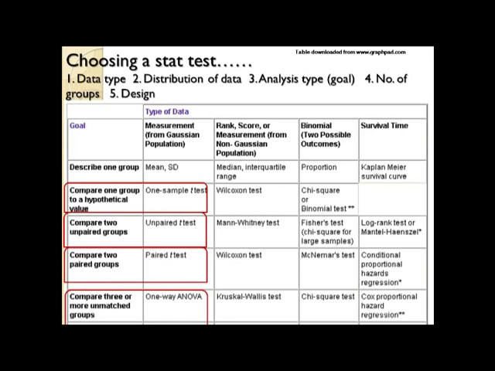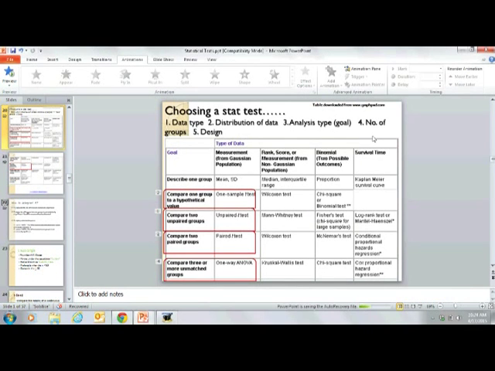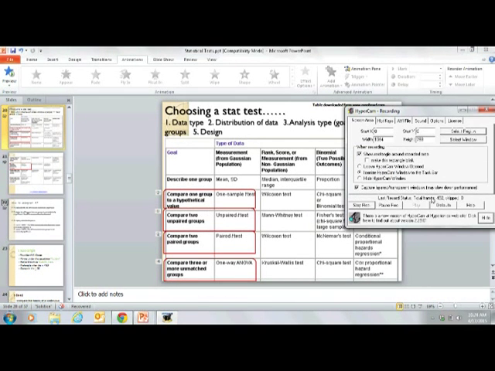Now, when you see this particular column, if you have a non-Gaussian population or a variable which doesn't have a normal distribution, then you apply a non-parametric test. What this table shows is that the counterpart of the one-sample t-test in a non-parametric test is the Wilcoxon test. For the unpaired t-test, it is the Mann-Whitney test. For the paired t-test, it is the Wilcoxon test.